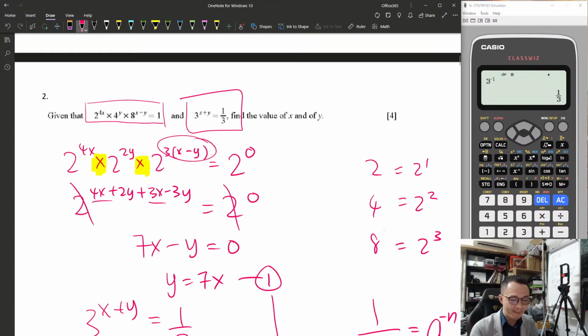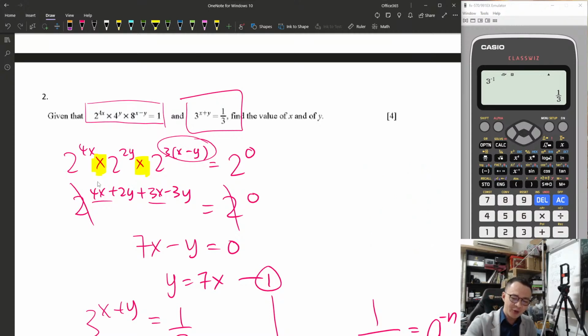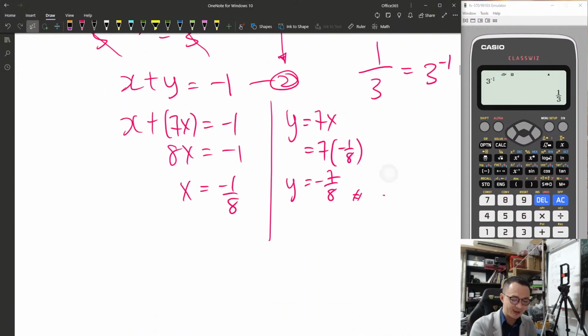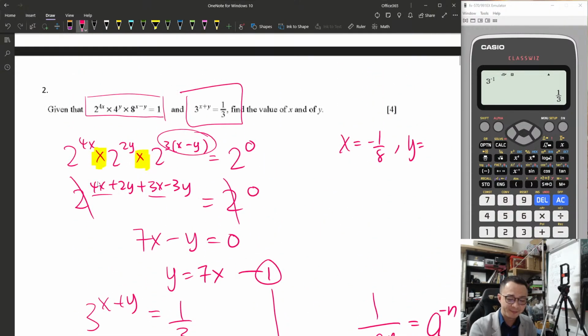Alright, so normally for any simultaneous equation, after I get the answer, I have a habit: I will try to substitute the powers back into the equation to see whether I will get 1 or 1 over 3 or not. Just now, we got our x value is negative 1 over 8, our y value is negative 7 over 8, yeah.